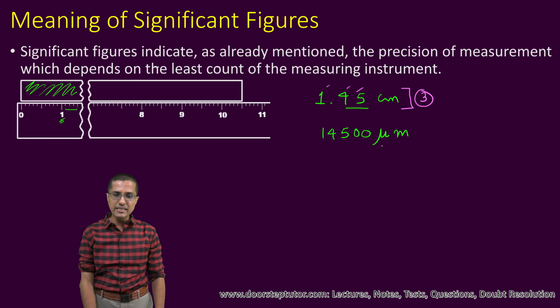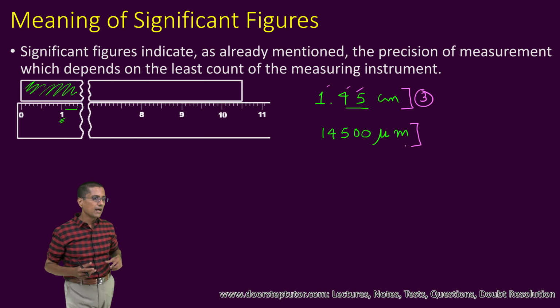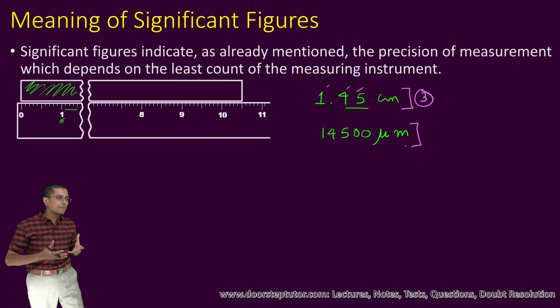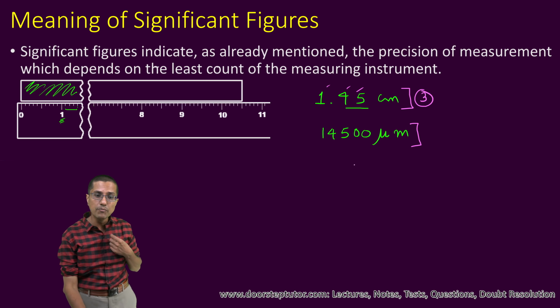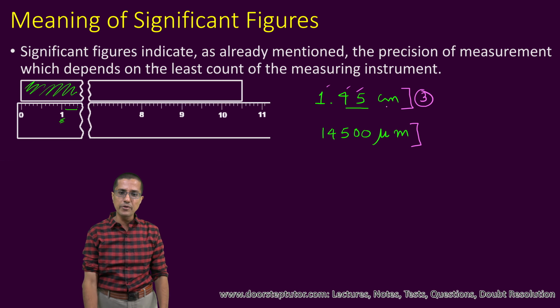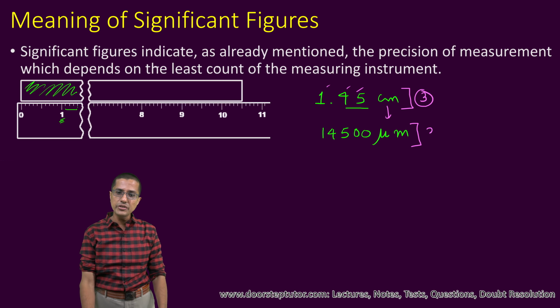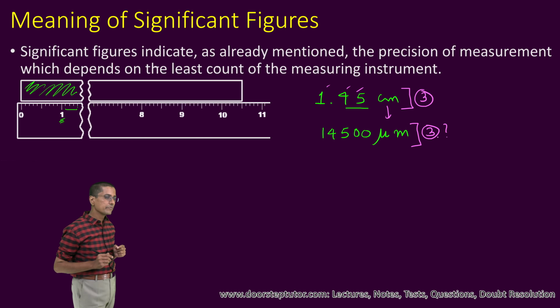Now this number expressed in micrometer, I know intuitively that I should not have gained more accuracy, gained more significant figures, just by going from centimeter to micrometer. So this should also have 3 significant figures. I know that.